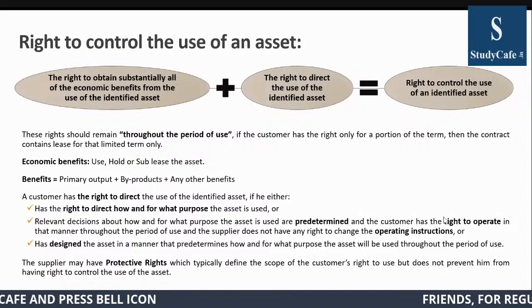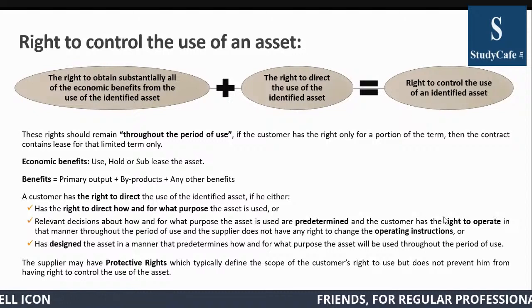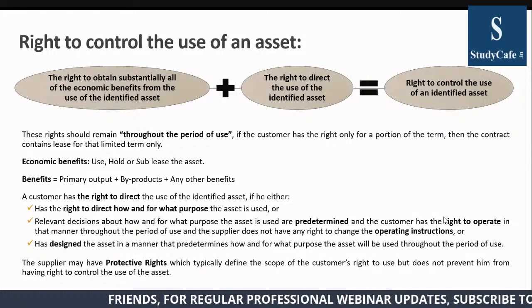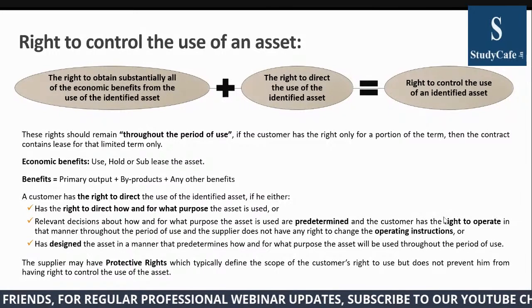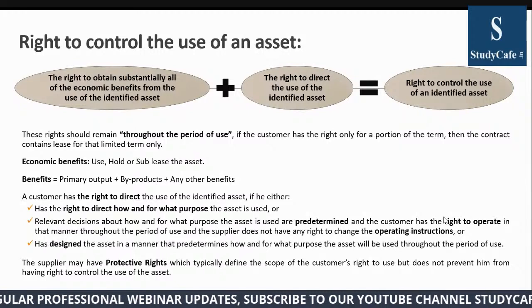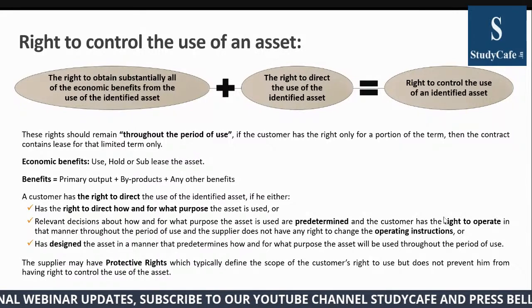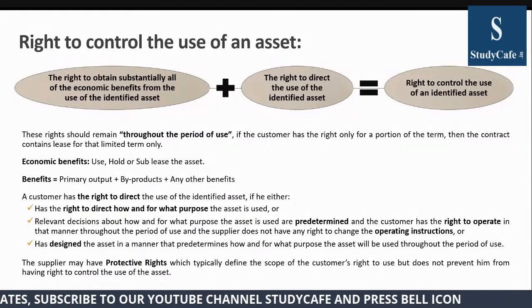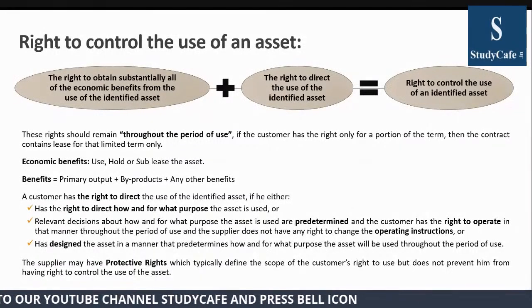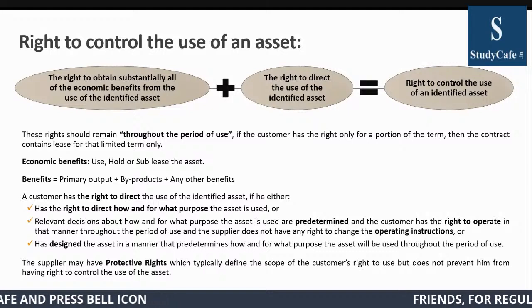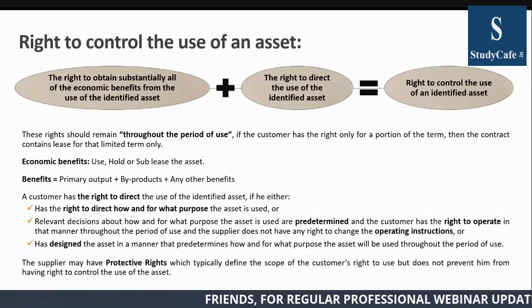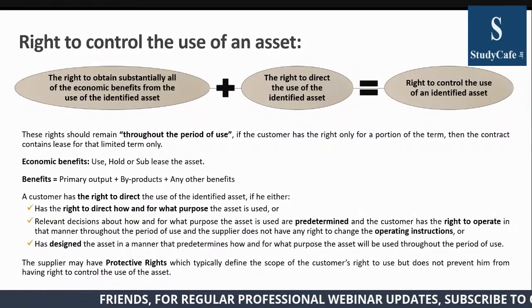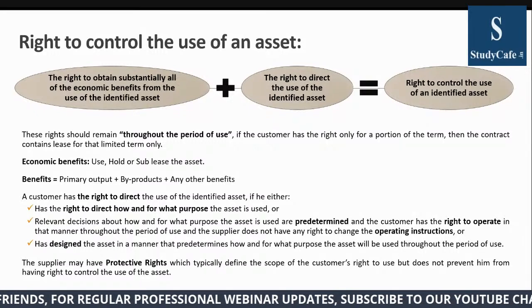So will this right of the lessor to restrict the production affect the right to control the use of the asset by the lessee? Please answer in the chat box and let me know whether this right of the lessor to control the production units will restrict the lessee's right to control the use of the asset.